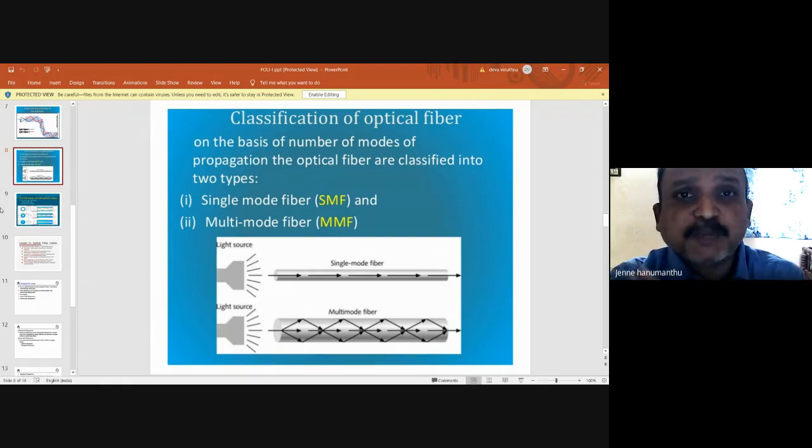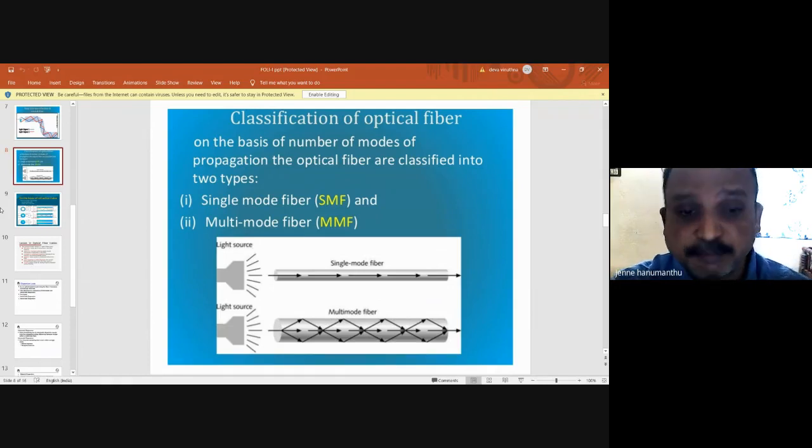If it is not following that principle, it's not communication. It's not optical fiber communication. Remember, it may be single mode or multi mode, but the light should follow the basic principle.